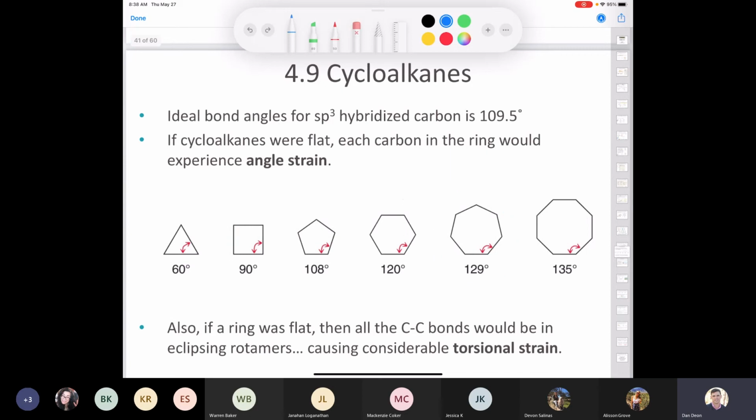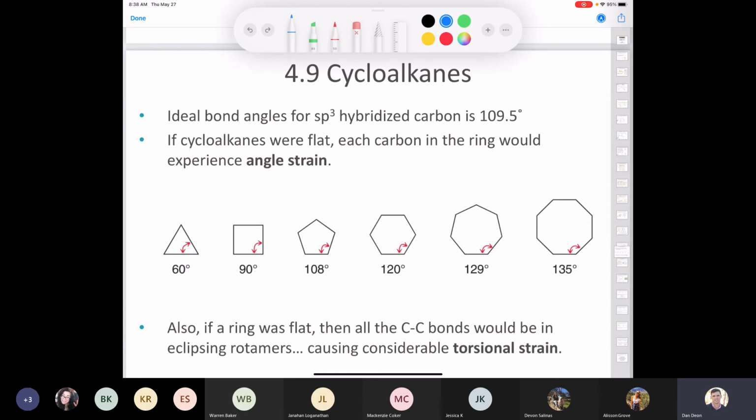I'm not good at drawing heptagons. And then a cyclooctane. What's interesting is that every carbon in all of these cycloalkanes is sp3 hybridized. What's the preferred bond angle of an sp3 hybridized carbon? You know that from general chemistry: it's tetrahedral, with a bond angle of 109.5 degrees.